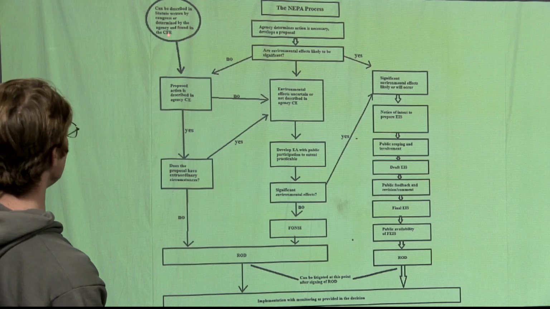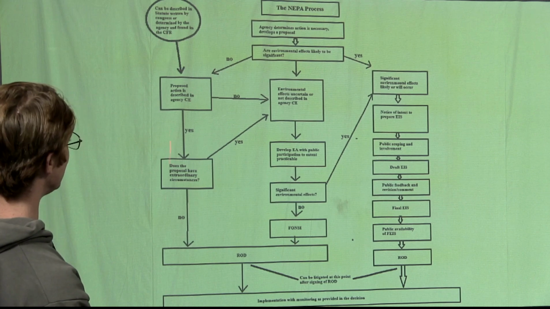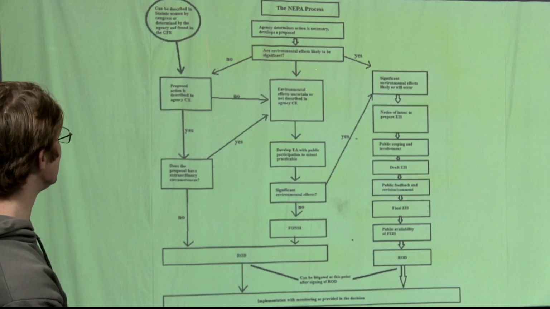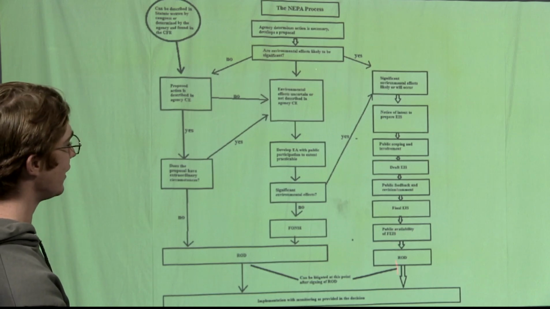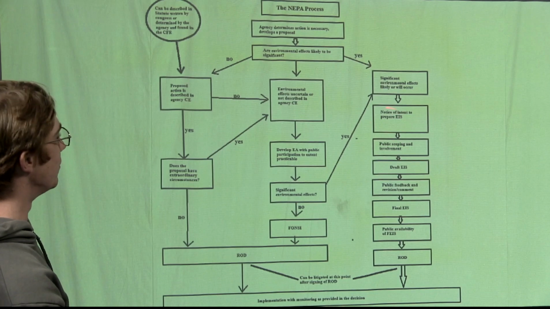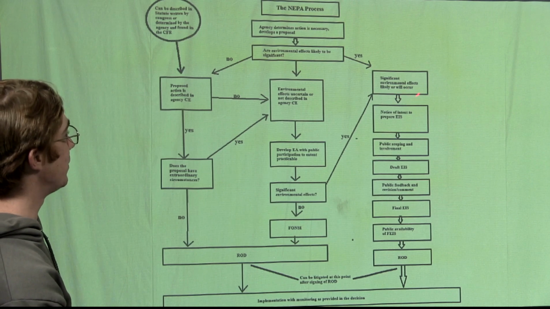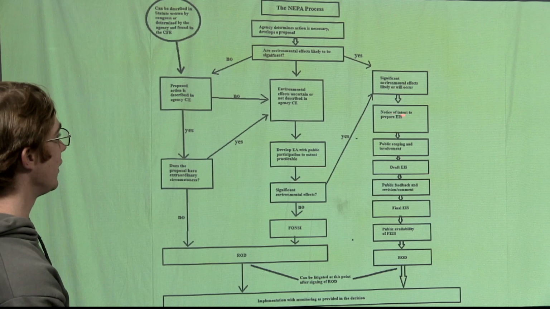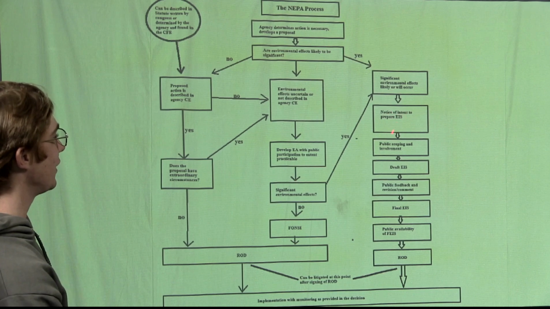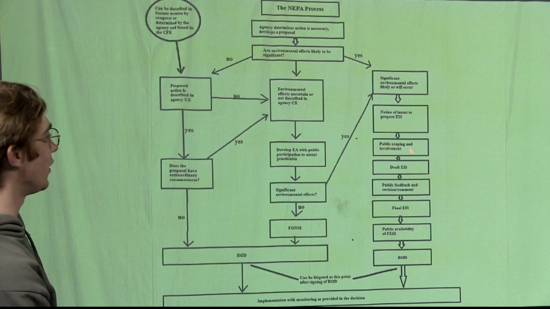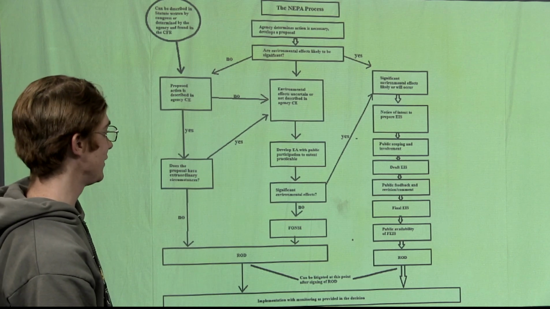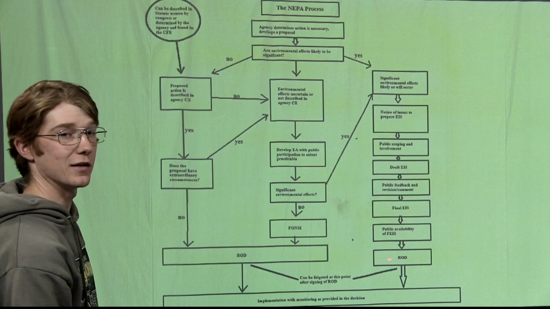So these can be predetermined, and there's definitely a lot less public involvement on the CE side versus the EIS side, where you've got multiple events where the public is going to be involved. You've got public notice of intent to prepare EIS, public scoping and involvement, draft EIS, public feedback, public availability, and then your ROD, your record of decision.